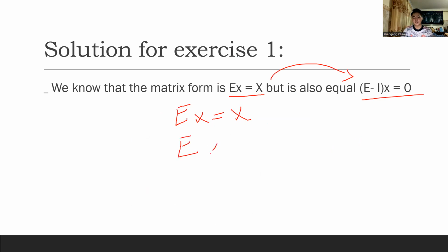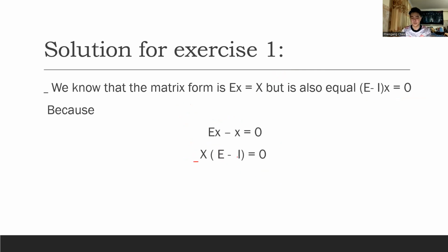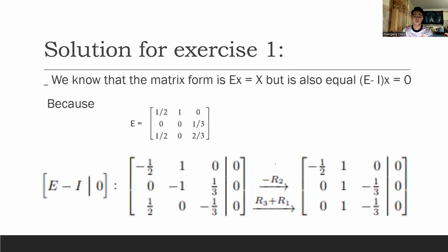So we write x minus x, changing from positive to negative, equal to 0. Then we take the x out, so we have (E minus I)x equal to 0. Yes, it is simple like that, like I explained earlier.